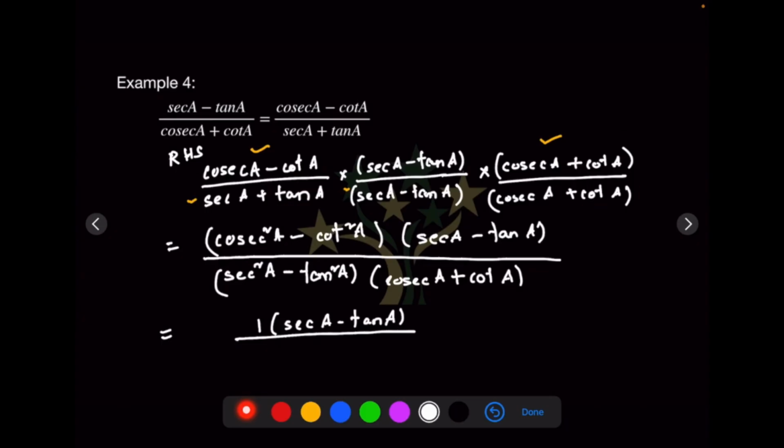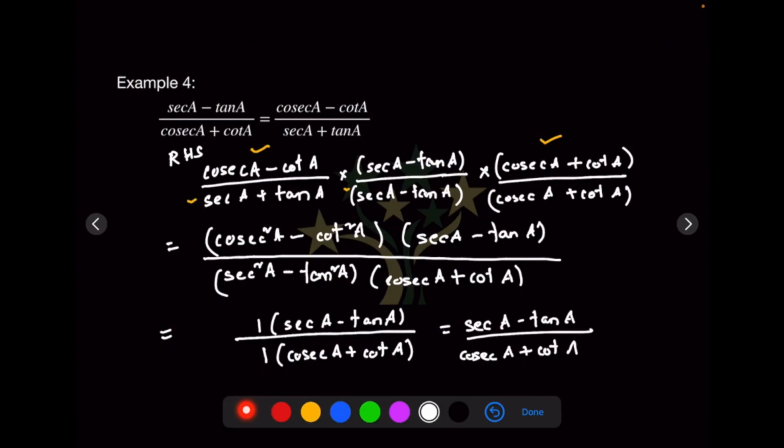Similarly, sec square A minus tan square A is 1, and in the denominator we are left with cosecA plus cotA. So this is secA minus tanA divided by cosecA plus cotA. We have reached our LHS.